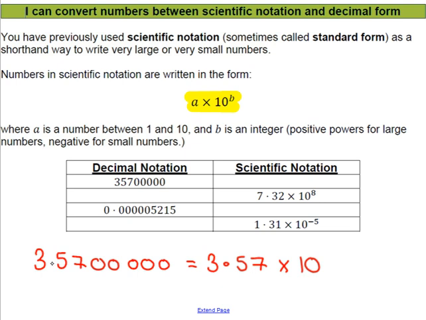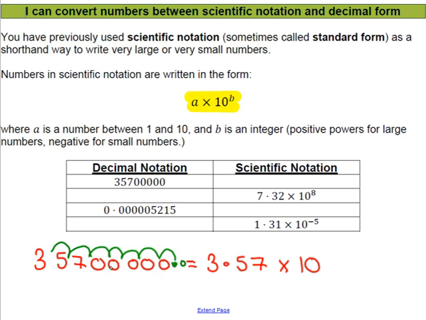So in this number, 357,000,000, there is a decimal point here, and it's right here. There'll be a 0.0 there if you like. To get the decimal point back to here, it has to move. So we talk about just counting the jumps as being the most simple way of doing this. So it's moved 1, 2, 3 times. 1, 2, 3 more.